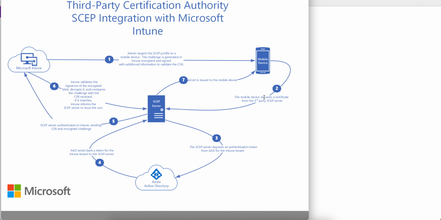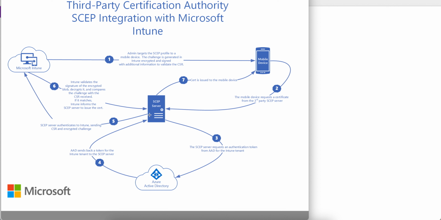In the third step, the SCEP server requests an authentication token. So the Intune admin has targeted the profiles, and Intune generates the challenge. The mobile devices request the certificate from the third-party SCEP server, and the SCEP server requests authentication from Azure AD, and Azure AD sends back the token for the Intune tenant to the SCEP server.